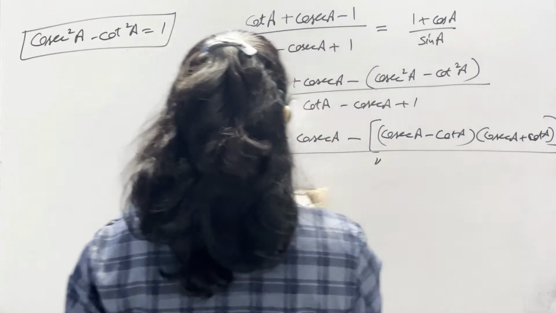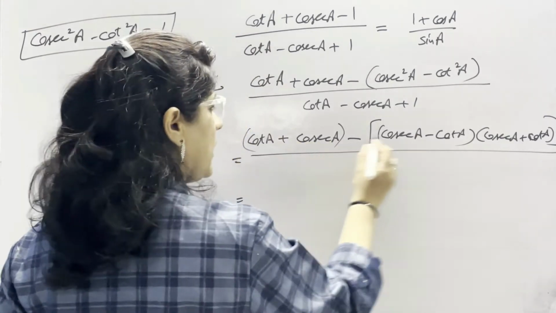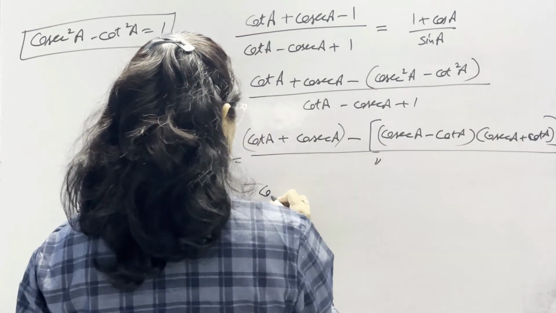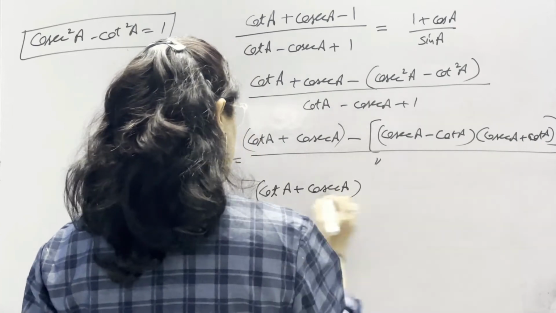Denominator, no change, as it is. Now, cot a plus cosec a is present in both of these terms, so we can take it out common.